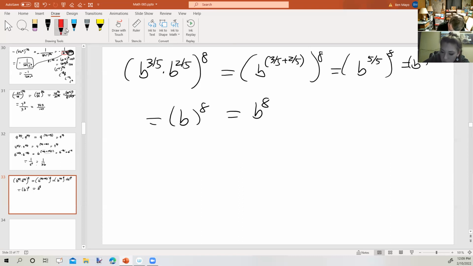So basically, inside reduced down to just B, because 3/5 plus 2/5 is 5/5, which reduces to 1, and B to the 1 power is just B. So simplifying it all inside, we get B and then to the 8th power.